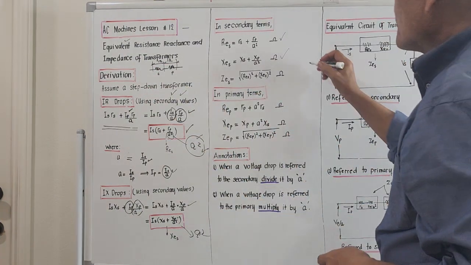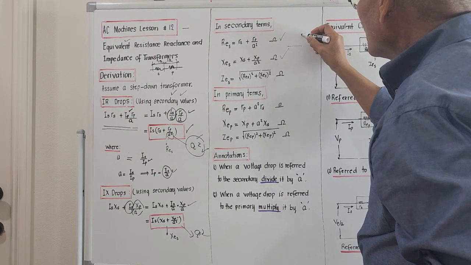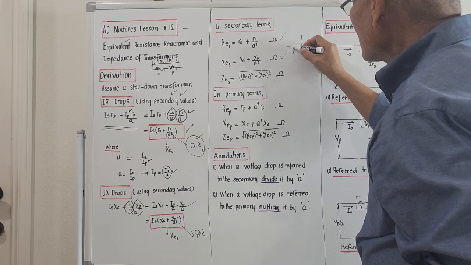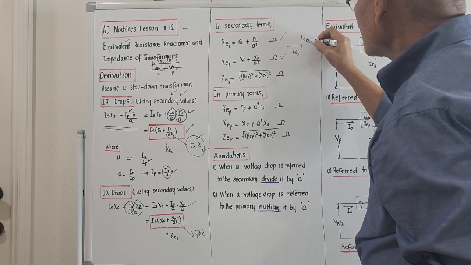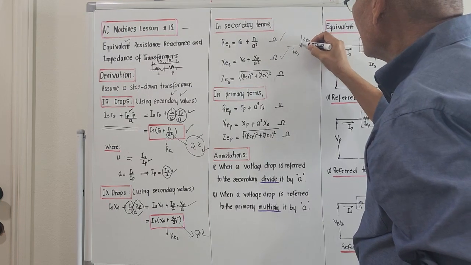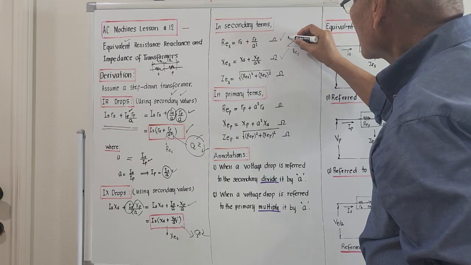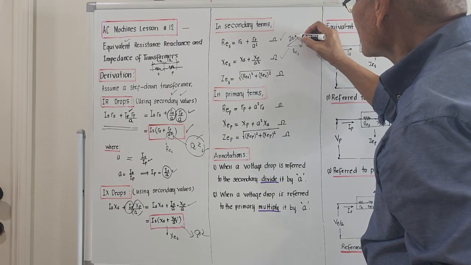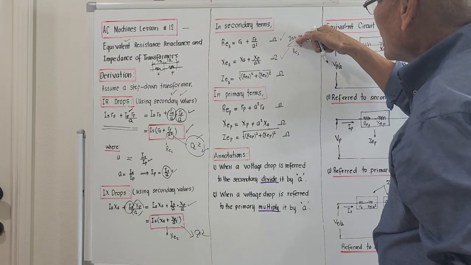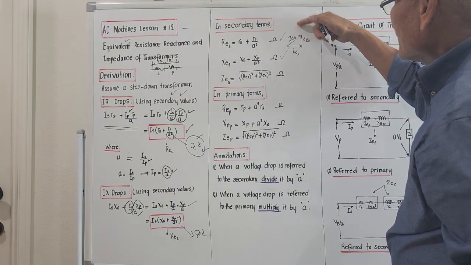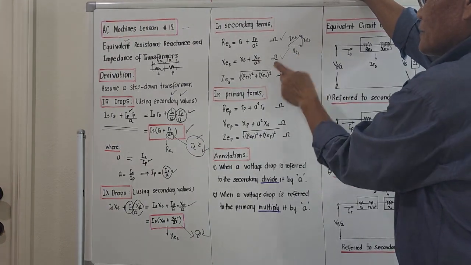And if we are given R sub E and we are given X sub E, this is R equivalent referred to the secondary. This is X equivalent referred to the secondary. The vectorial sum is actually the equivalent impedance referred to the secondary. So to compute for the equivalent impedance referred to the secondary, it should be the square of this one, the square of this, then take the square root.